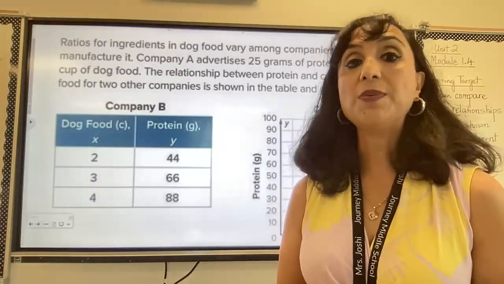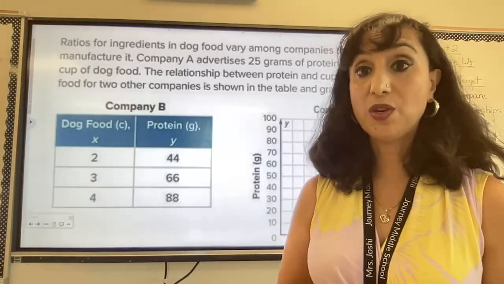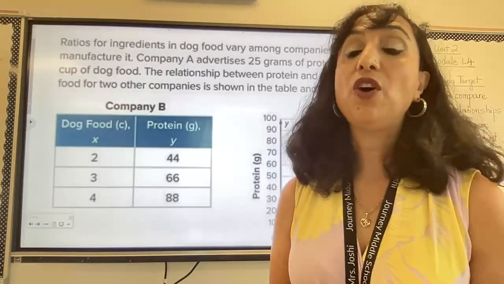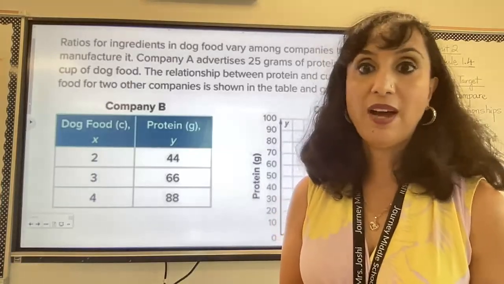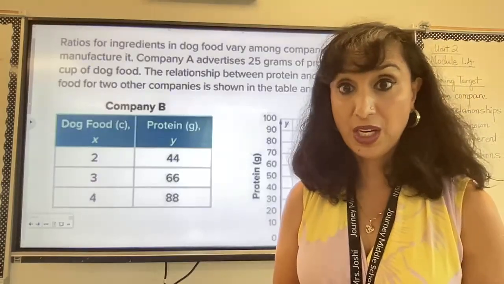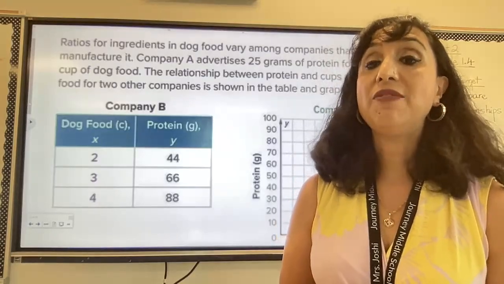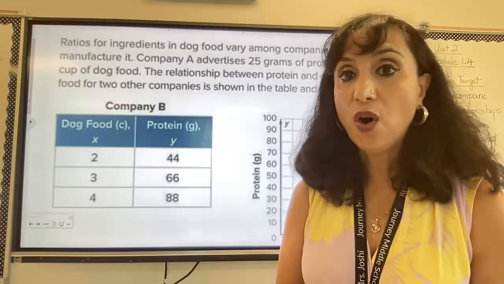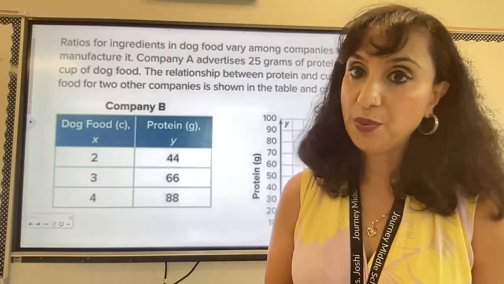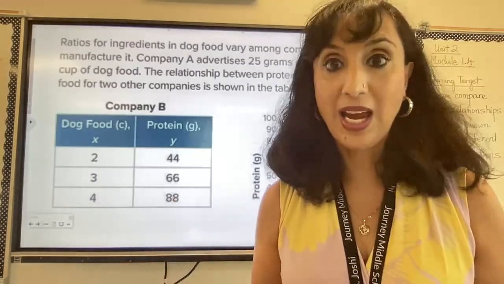So for 2 cups of dog food, I would have 50 grams of protein, right? Because 25 times 2. For 3 cups of dog food, I would have 25 times 3, and that gives me 75 grams of protein. And for 4 cups of dog food, I would have 25 times 4, which is 100 grams of protein. So those become my ordered pairs for company A.